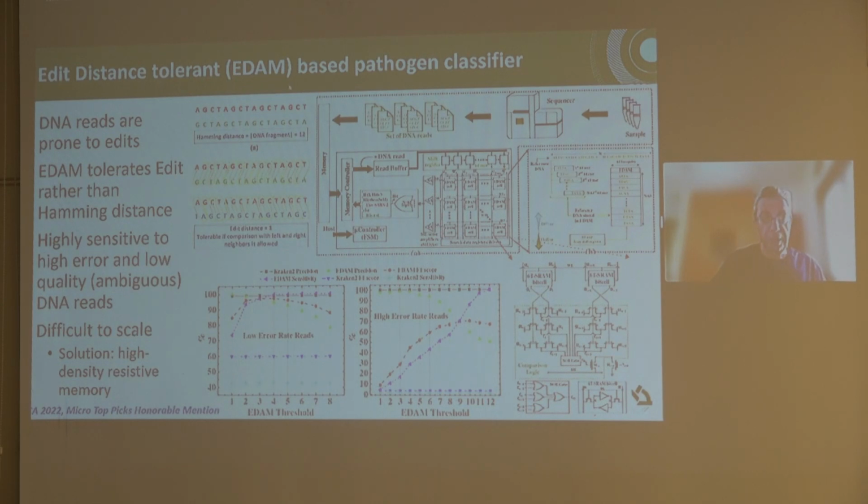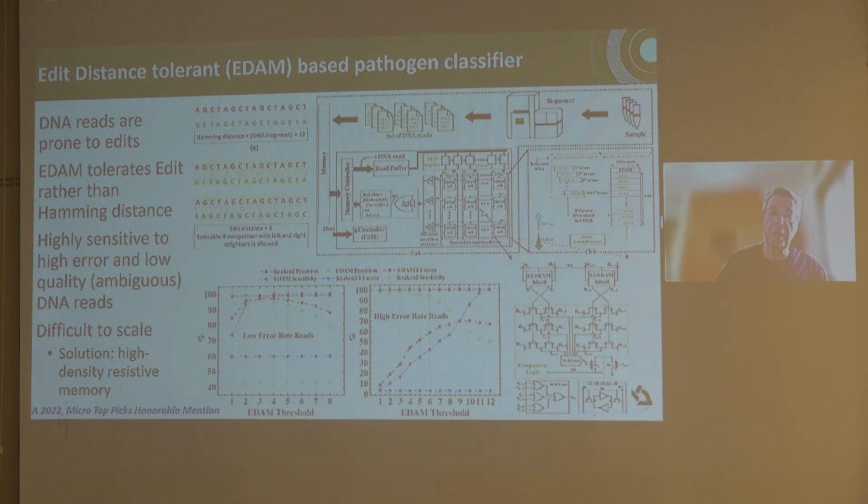What you can see here in the middle part is an illustration of how a single edit can create a huge Hamming distance. So if we want to tolerate edits, tolerating Hamming distance is not enough.